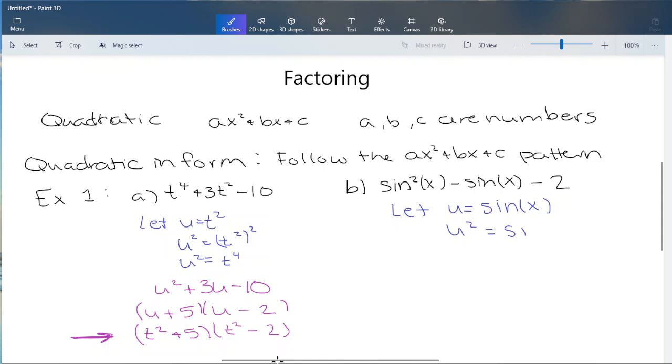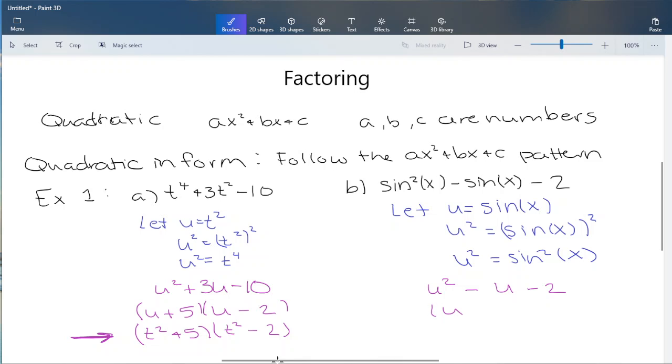Okay, so this would be sine x squared. Okay, and we do write that with our function notation as sine squared x.